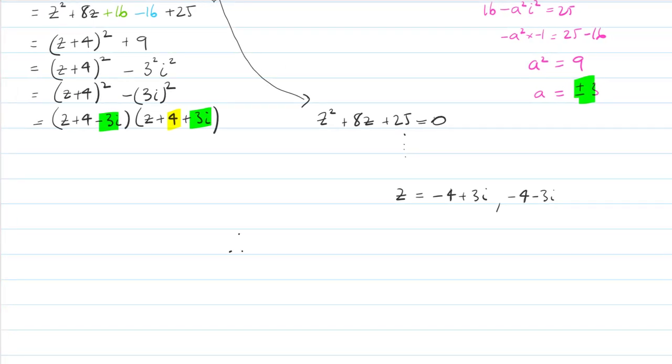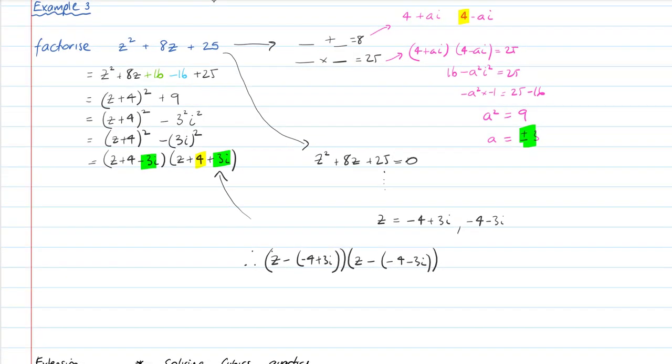So say if they're the roots, we get z minus negative 4 plus 3i times z minus negative 4 minus 3i. Expand and simplify, and you'll end up with that thing there. So that is the third option that you've got, but it really isn't as neat, so I'd be aiming for these ones here when you have to factorise.